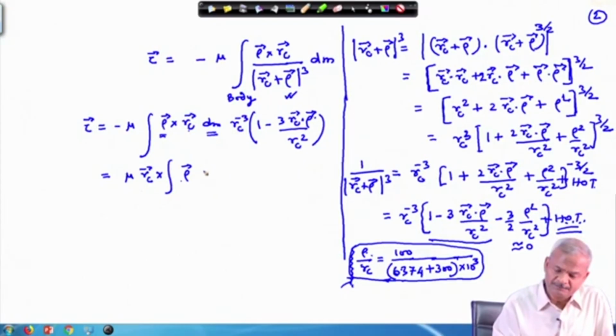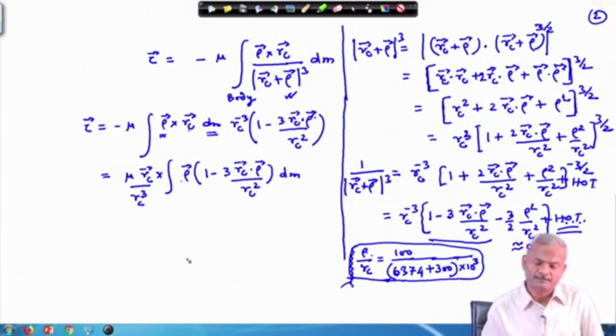So, here we have similarly we can take here from this side the r c cube one minus 3 r c dot rho divided by r c square d m. So, this r c we have taken outside, cross we have taken outside, this rho is here, this term we have picked up from this place to this place, and this d m appears here in this place.